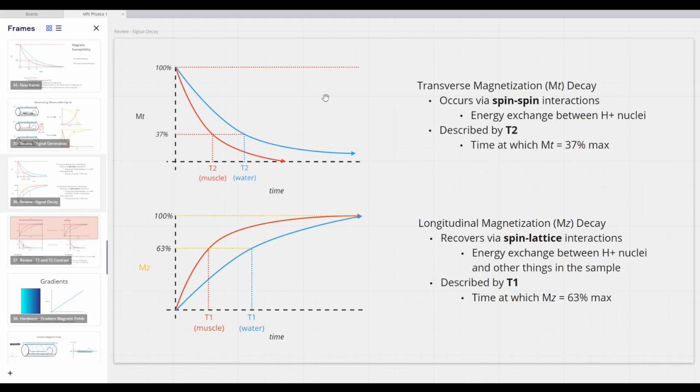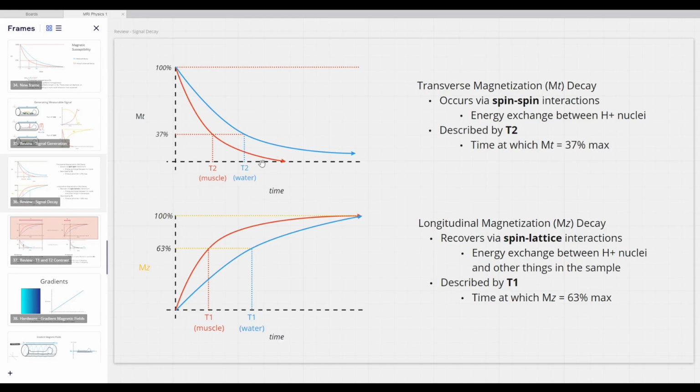Those types of interactions are not particularly likely to occur just because the protons are free to go wherever they want. They're less likely to bump into their neighbor. So that process of getting rid of energy takes longer, and that's why this curve is up here. It's a shallower curve. It takes longer to get to 37% of its original. And so its T2 is longer.